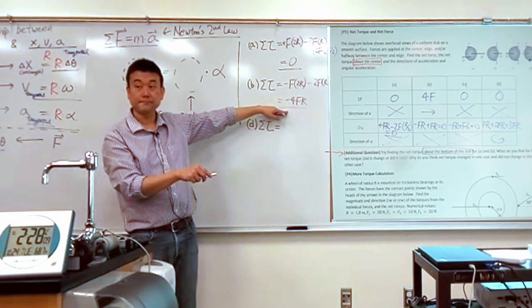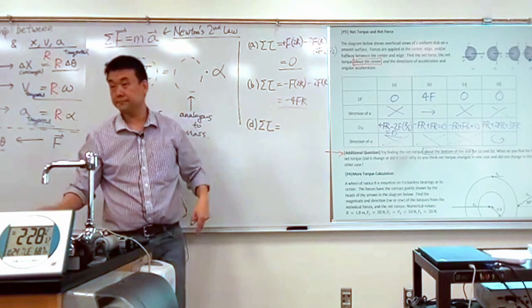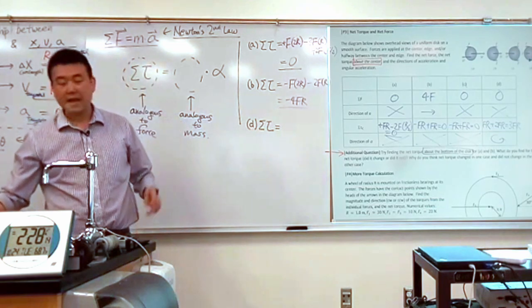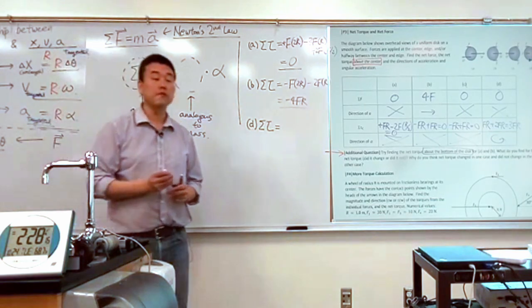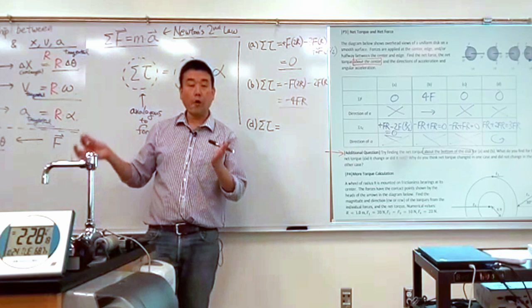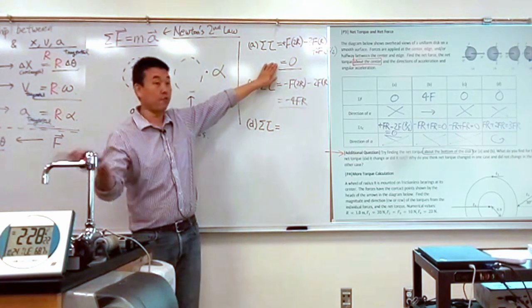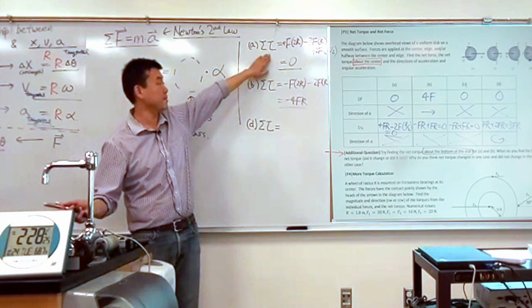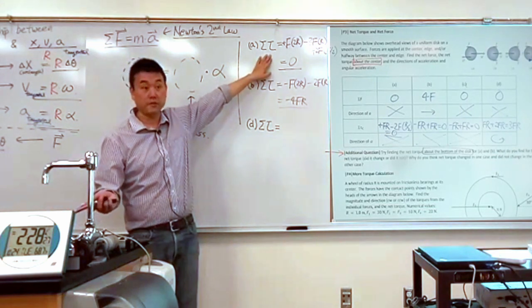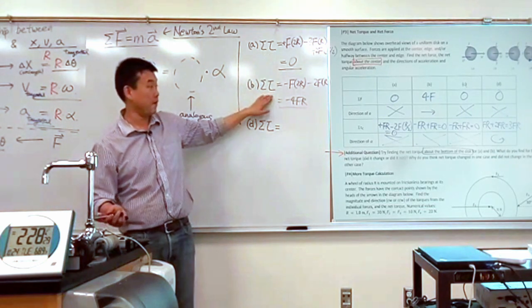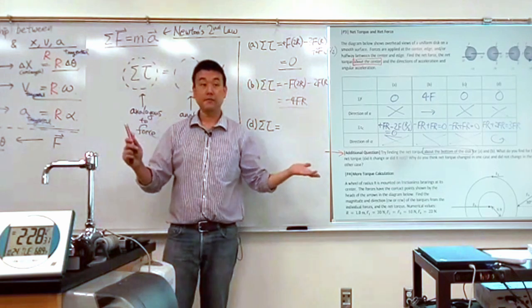I'm not looking for specifics. I'm looking for a general rule that can always tell me if I'll get a situation like A, meaning I don't have to worry about where the center is. Net torque will be somehow unchanging wherever the center is. Or it's like B, where I have to worry about it.